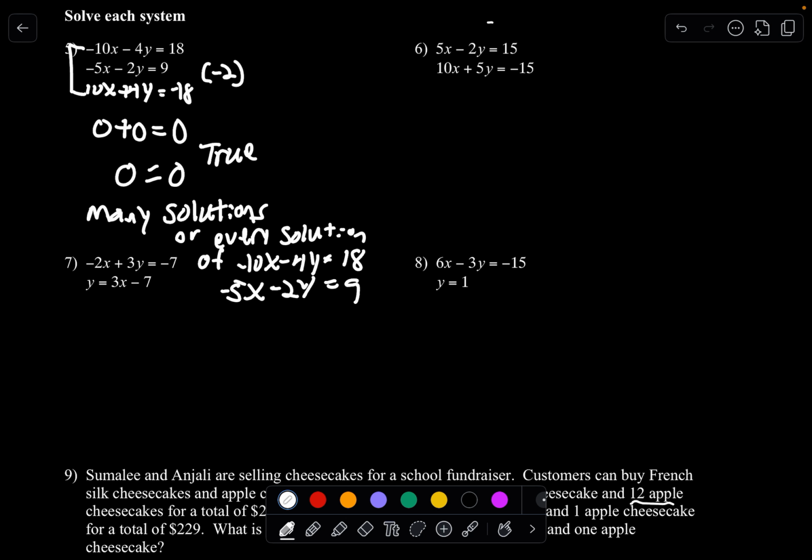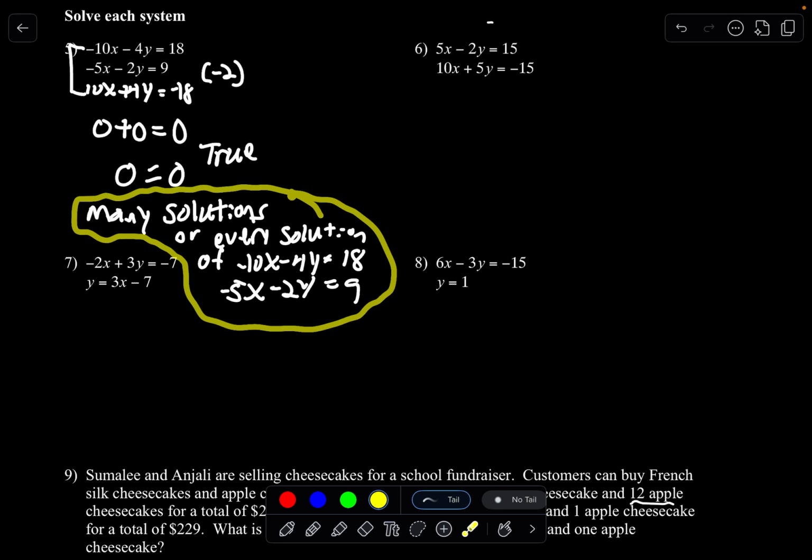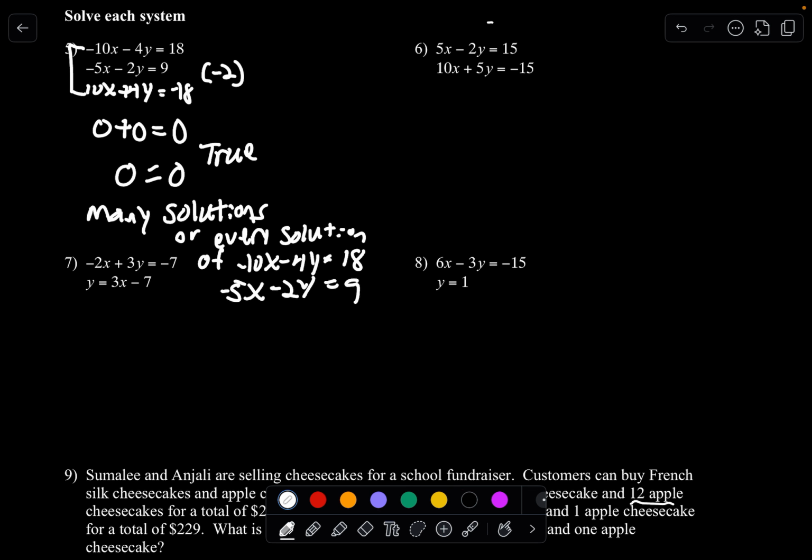You can say it this way. That's technically what it is. But if you just say many solutions, that's going to be hunky-dory for me. And this system is consistent, by the way, because there's a solution.